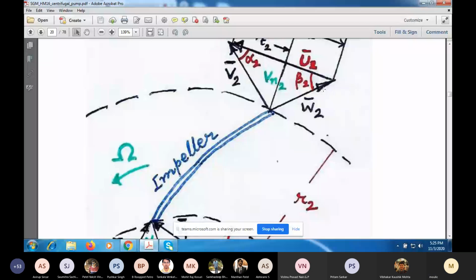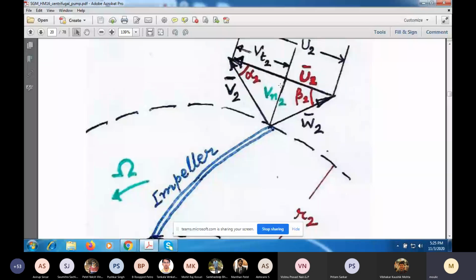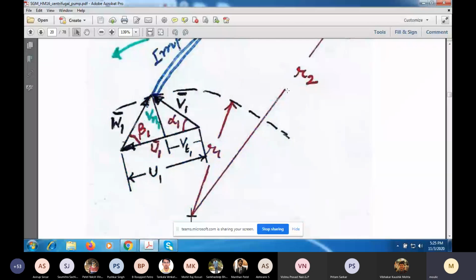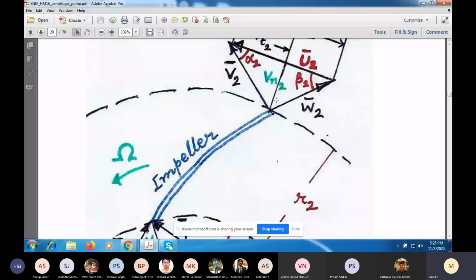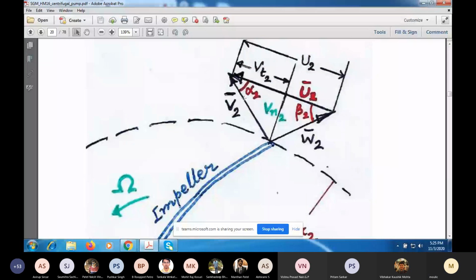And the U2 vector will be perpendicular to the radial distance. If I look at the center of rotation, and from this I draw the radial line up to the tip of the impeller and extend it here, the vector U2 will be perpendicular to that line. And the direction will be from this point to this point because I've shown the impeller rotating in the anti-clockwise direction.